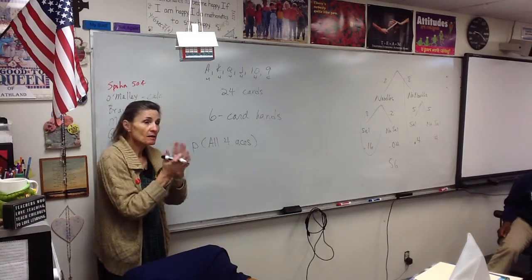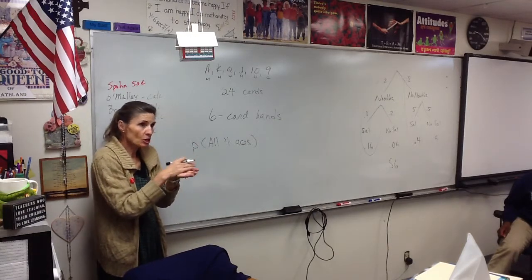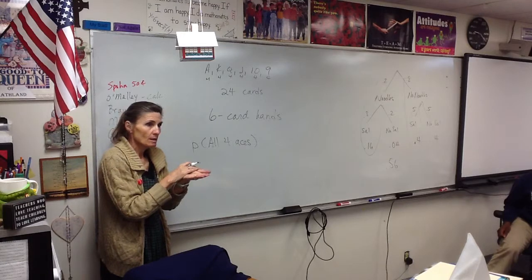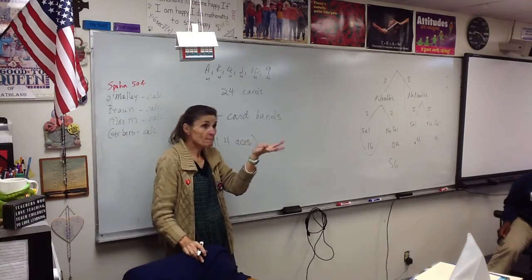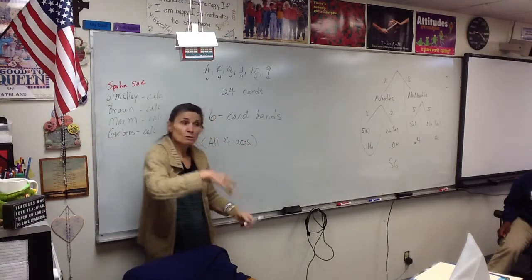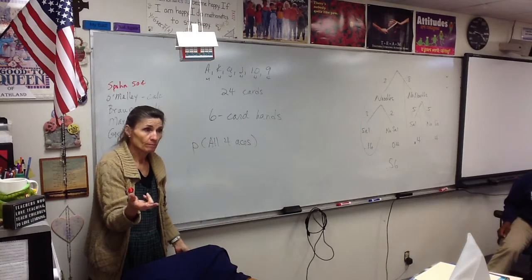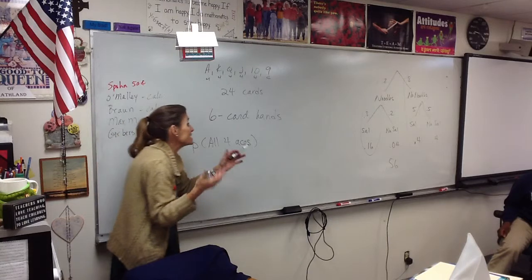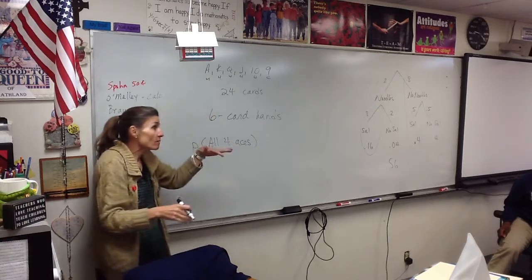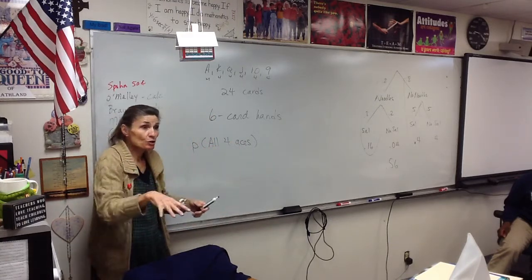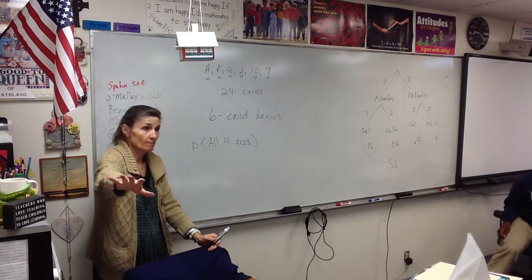I need you to think about this for a minute. It's a 6-card hand. 4 of them are going to be aces, which means what about the other 2? They're going to be anything else, not aces. So you're going to pick 4 aces and 2 anything else.